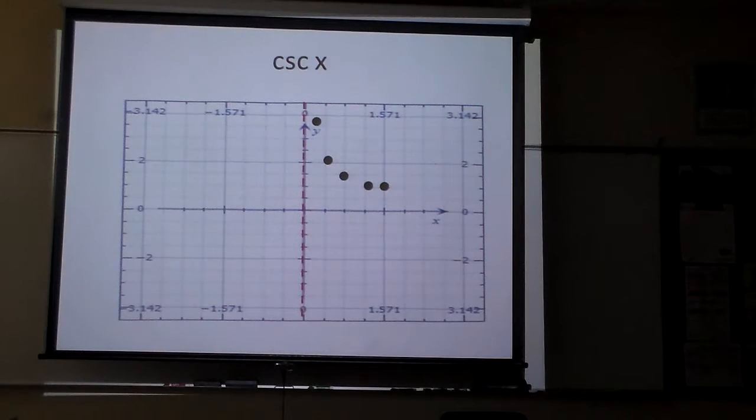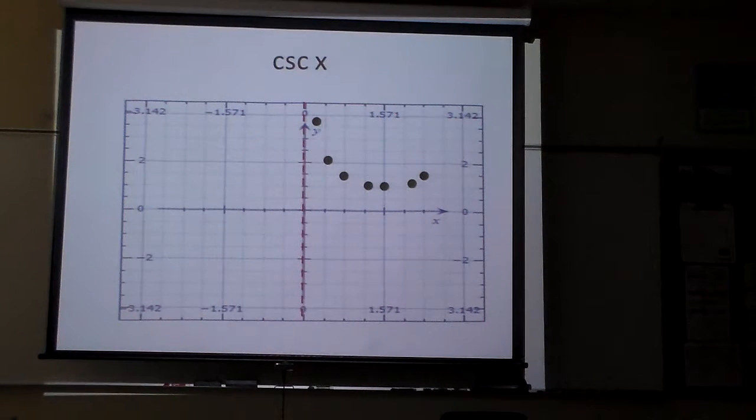Well, now what's going to happen as I move into quadrant 2? Well, think about it. I'm coming down like this here. If you think about your reference angles, 2 pi over 3 is going to be the same value as pi over 3, because cosecant is positive in quadrant 2, just like sine is. And then at 3 pi over 4, it's going to be 1.414.